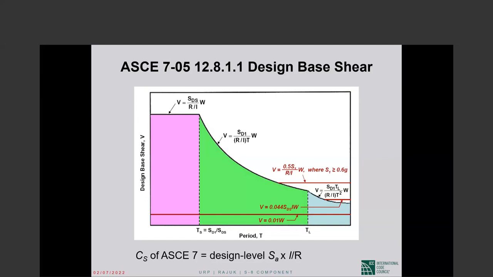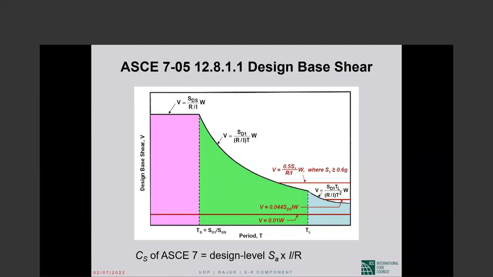In ASCE 7, there are 2 different minimum values. One is 0.44 S sub DS times I times W, where S sub DS is the short period design spectral acceleration, but never any lower than 1% of W. So if S sub DS is very small, this can be lower than 0.01, but we will not take it ever any lower than that.